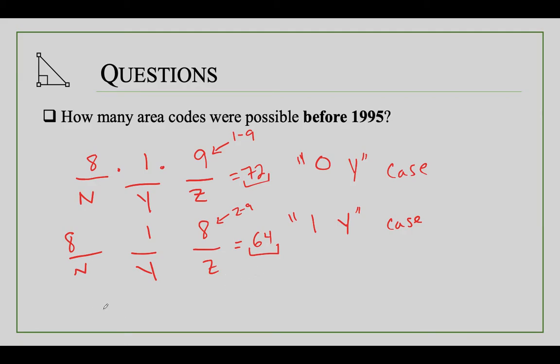So to figure out my total, well, that's not too bad now. I just got to add them up. 72 plus 64, okay, 70 plus 60 is 130. 4 plus 2 is 6. So I have 136 possible area codes. Nice. Not too many.